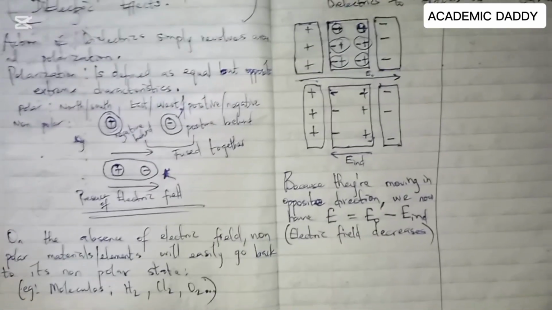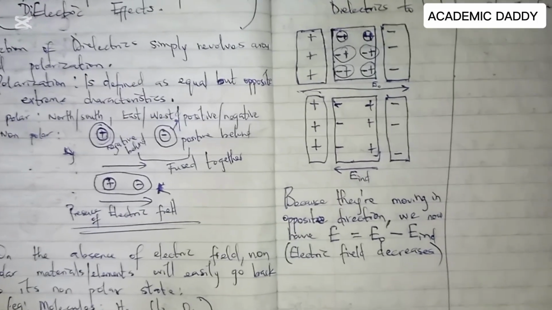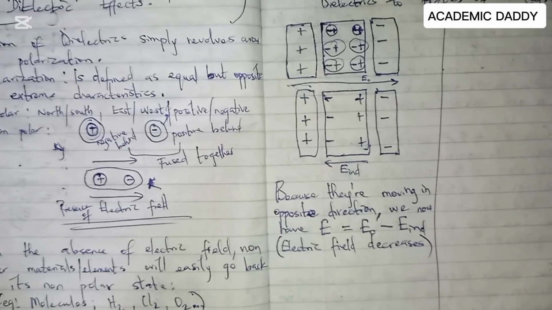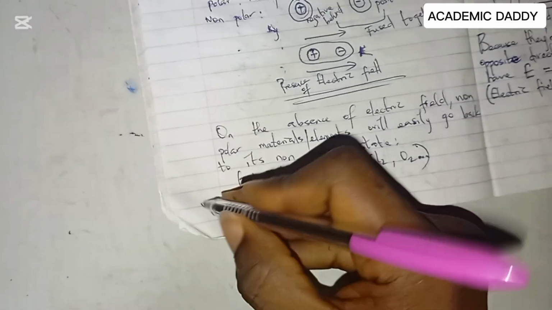And why we normally put this dielectric is because air or vacuum, when we have air, it ionizes. So I want to write it here.